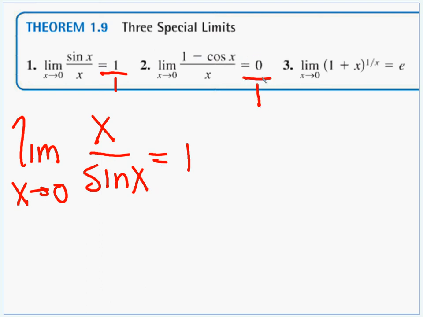Here, if I put this 0 over 1, if I flip this upside down, put the x up top, 1 minus cos downstairs, it's now 1 divided by 0. So number 2, you cannot flip over. Number 1, it is legal, and it is sometimes very useful, as long as you're approaching 0, the limit is still equal to 1.